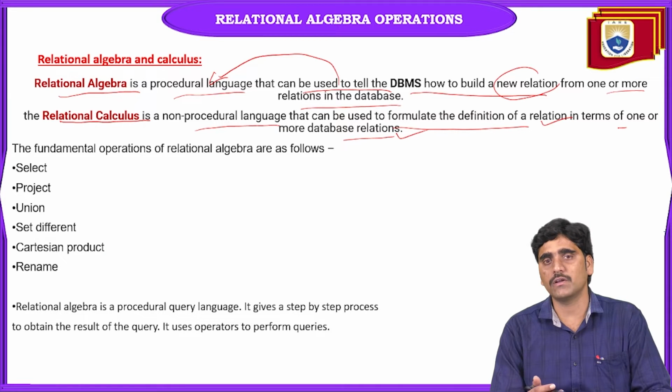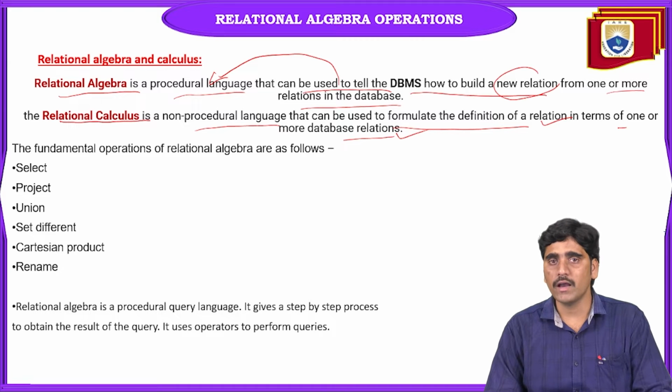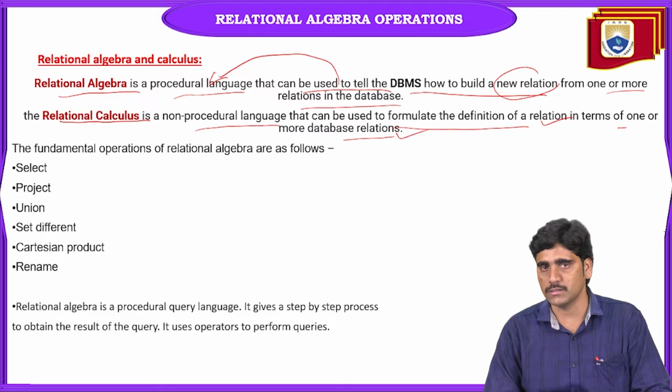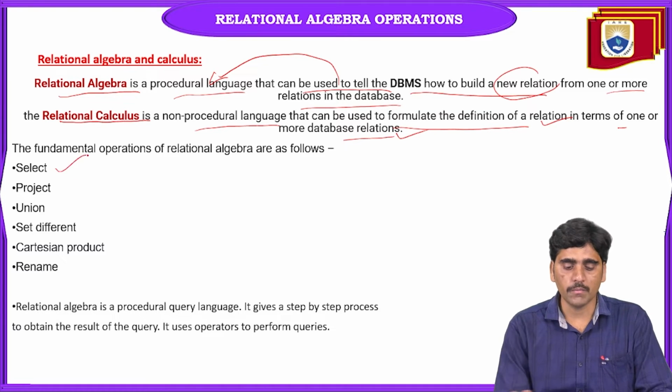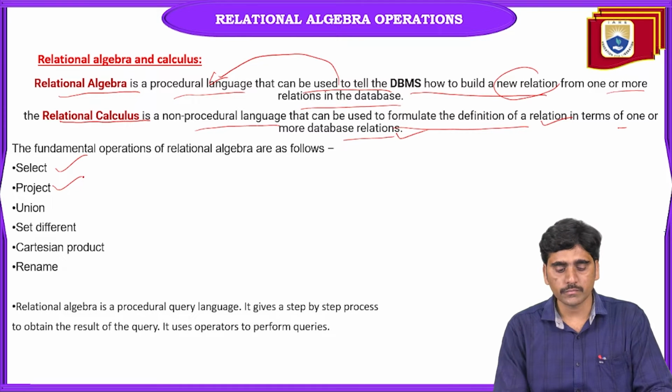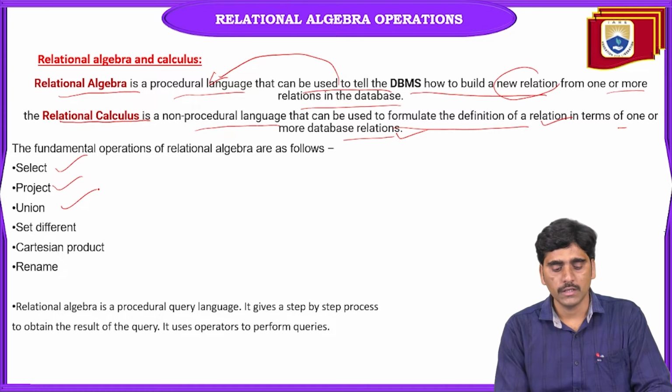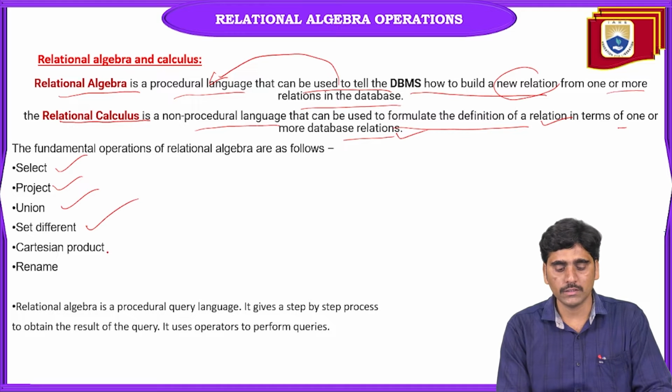With the help of procedural as well as non-procedural language, we can have some fundamental operations to build this relationship on the tables. So what are those fundamental operations? We'll see here. Some of them are: select operation, project operation, union operation, set difference, Cartesian product, and rename operations.